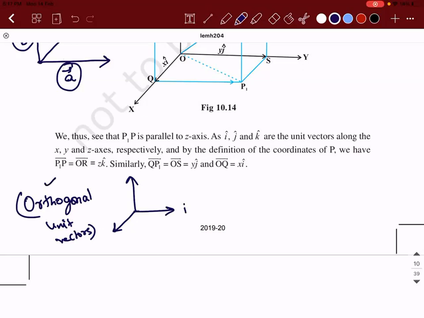Unit vectors, you know, any vector whose magnitude is 1 is what we call a unit vector. Generally, i cap is a vector used to represent anything moving along the x direction. Similarly, j cap is used for anything moving along the y direction, and k cap for anything moving along the z direction. So i cap, j cap, and k cap put together are called orthogonal unit vectors.